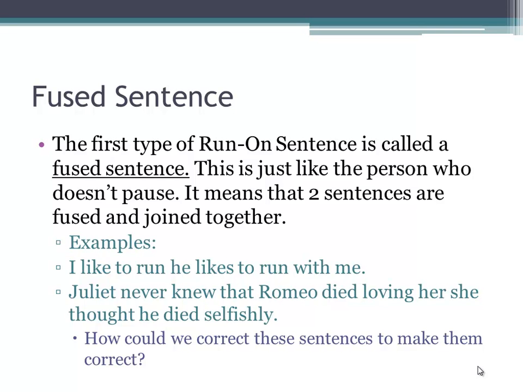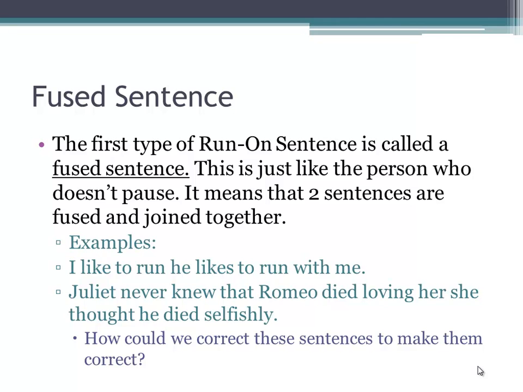Did you add and? All right, so those are your three options. You could put a semicolon, you could put a period and a capital H, or you could put a comma and. All of those would work.